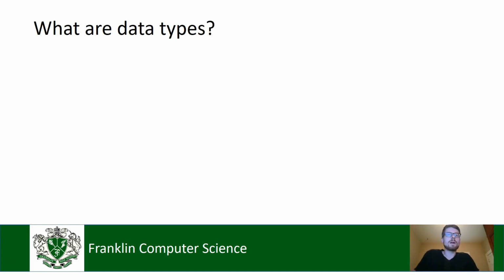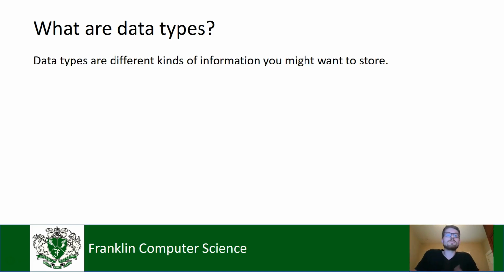Okay? All right, so this is getting at data types. I mentioned a couple right there: a whole number, or a decimal, or a string. These are all data types. They're different kinds of information you might want to store. And in Java, and in other languages as well, there are these primitive data types that were created in the language.